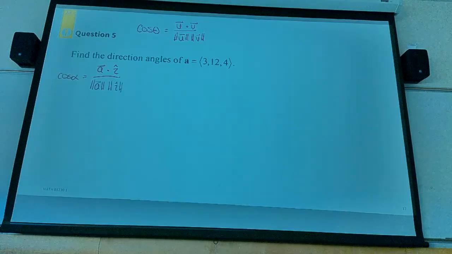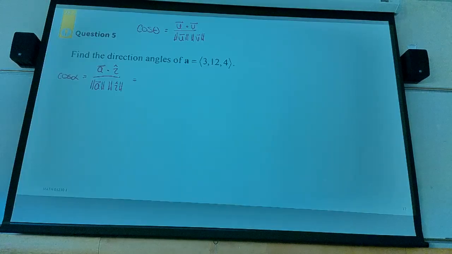But as you just said, i hat is what? 1, 0, 0. What happens when you take the dot product of a vector with i hat? Ignore the specific vector A, just take a general vector. It's the projection onto the x-axis.